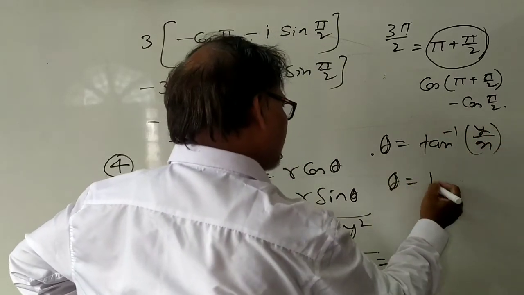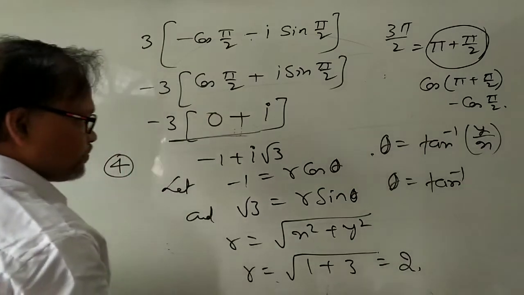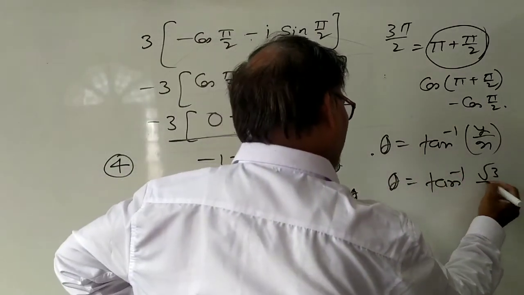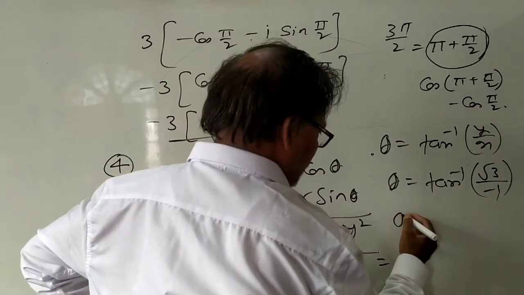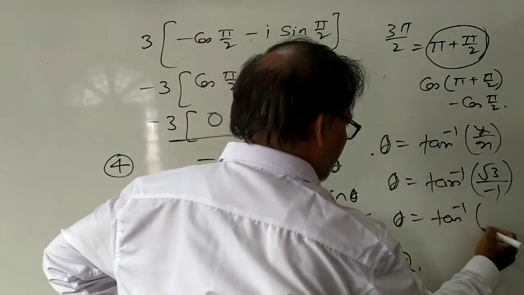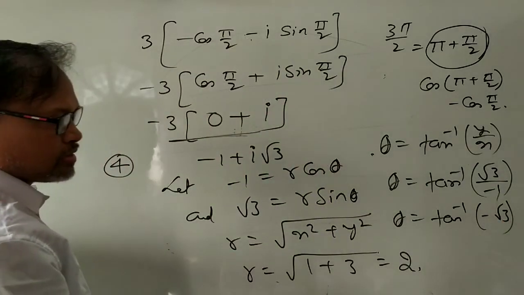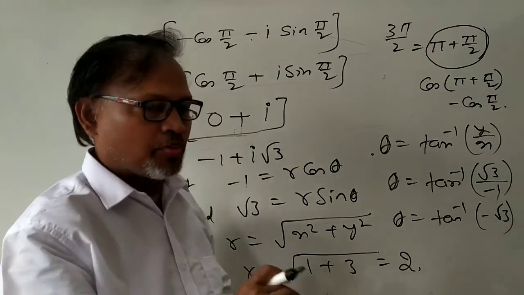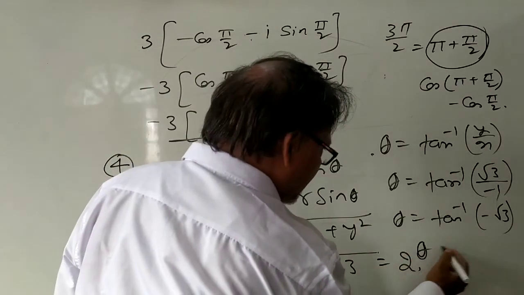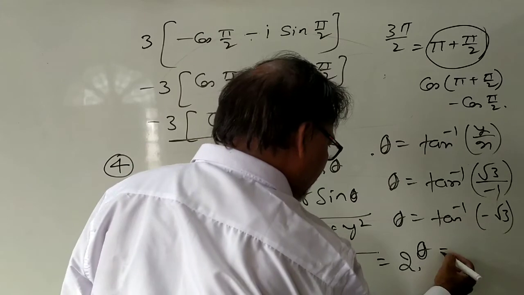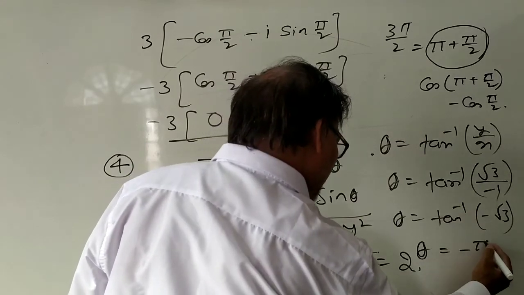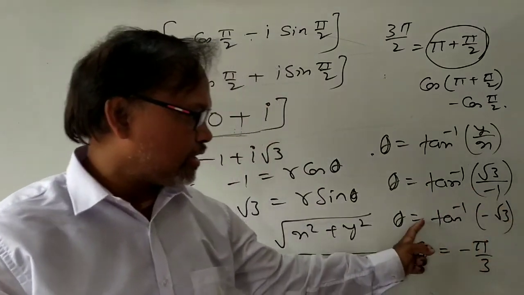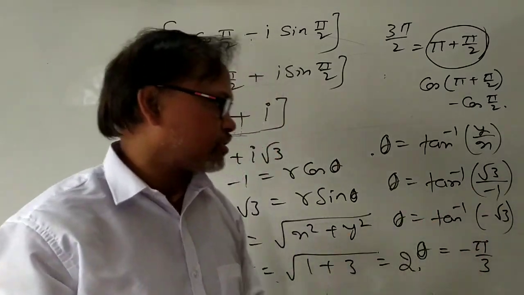Theta is equal to tan inverse, y means you have root 3 and x is minus 1, so minus root 3. Tan inverse minus root 3. We have to take it from minus pi to pi, so if we take this minus outside, you will get minus pi by 3, meaning minus 60 degrees. The value of this tan inverse is minus 60 degrees.